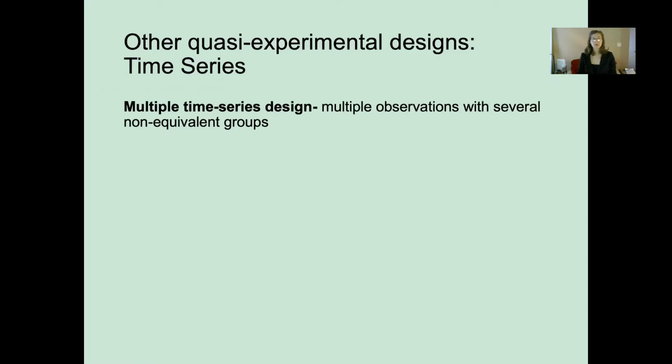We can also do what's called multiple time series design, where we have multiple observations with several non-equivalent groups. So that one I just talked about was only with one group, like with one class at a time. How is this different from just pre-test, post-test, or different from our first example, looking at the score before and after?